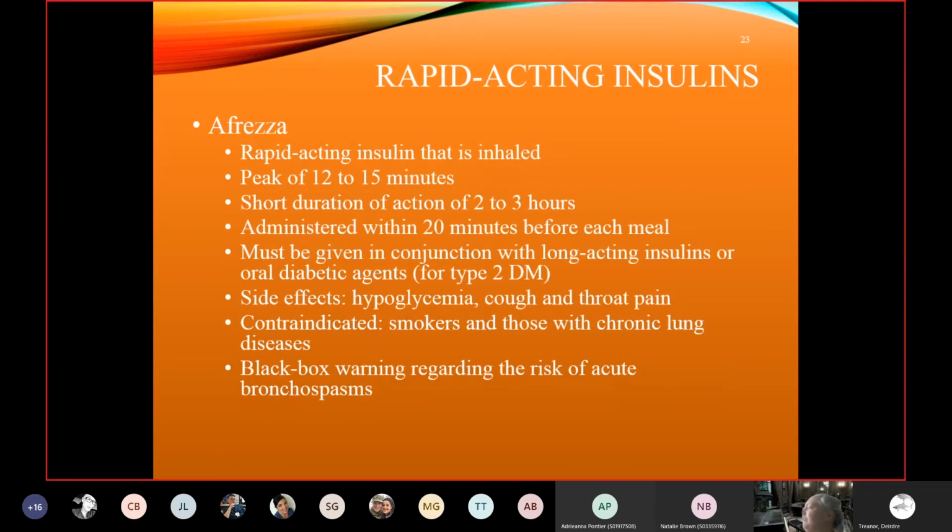You also have Afrezza, which is given as an inhaler. A patient who uses the Afrezza inhaler must not have any chronic lung disease, so no chronic bronchitis, emphysema, COPD, none of that.